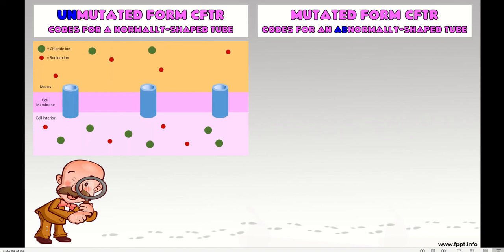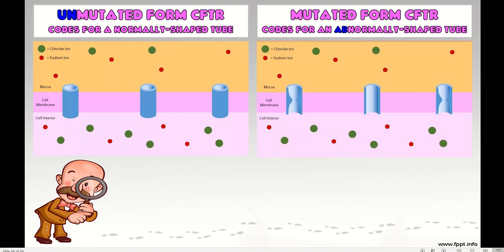The mutated form of the CFTR shows a phenotype of an abnormally shaped tube. So this is the unmutated form, the expression of the unmutated form, and this is the phenotypic expression of the mutated CFTR. So look at the size of the chloride ion and look at the inner lining of the tube.